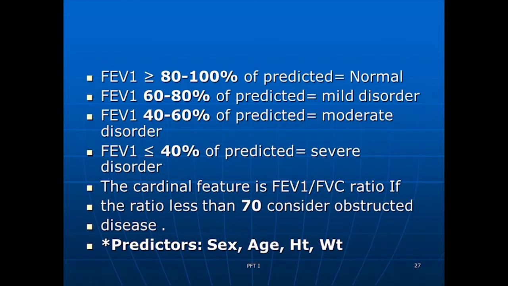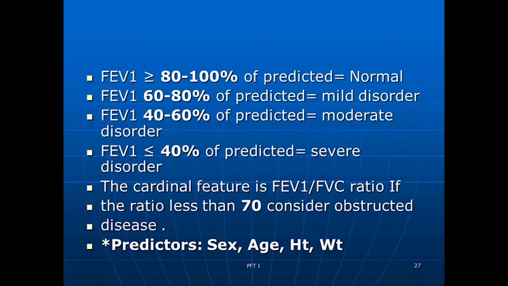So the general rule of thumb is that your FEV1 should be 80% or greater of your predicted value. That is considered normal. If the FEV1 is between 60 and 80% of predicted, it is a mild disorder. If the FEV1 is 40 to 60, it's considered a moderate disorder.